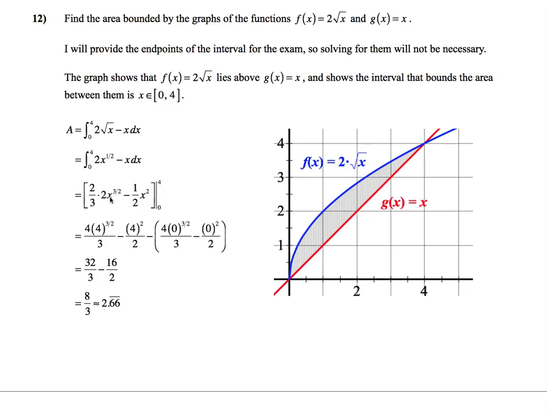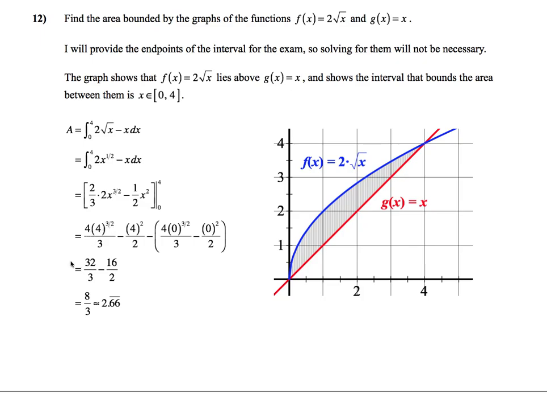So wherever we've got an x, we put a set of parentheses, and we substitute the 4 in, and 4 to the 3/2 is 32, because it's the square root of 4, which is 2, cubed, which is 8, times 4, which is 32.